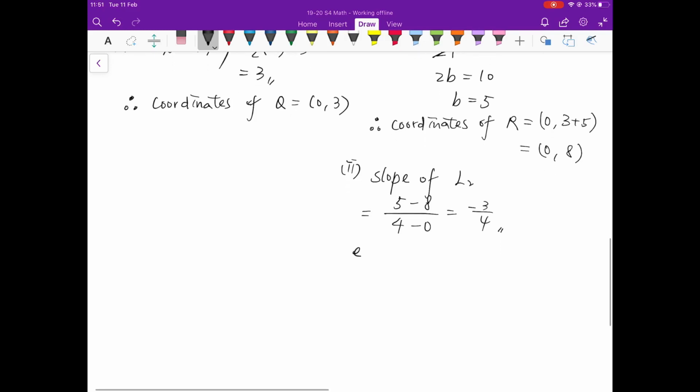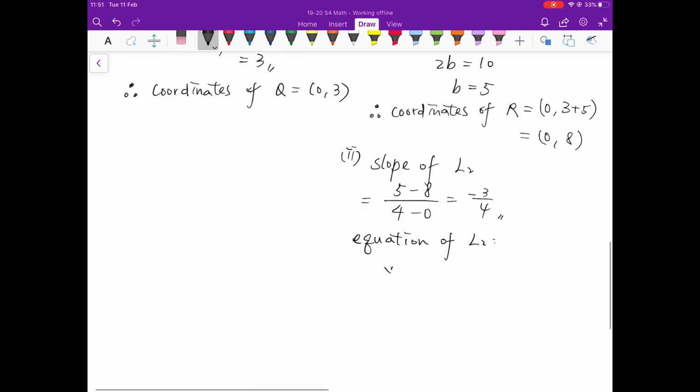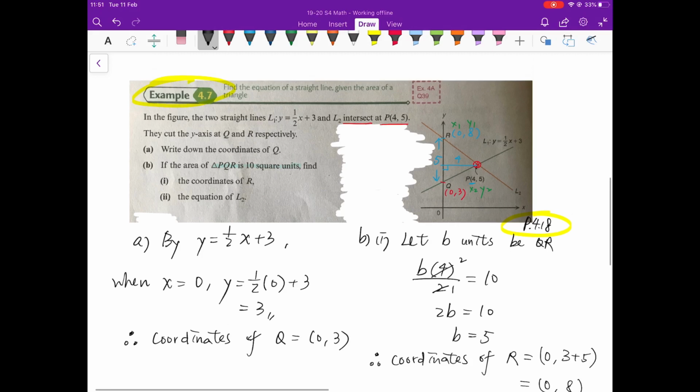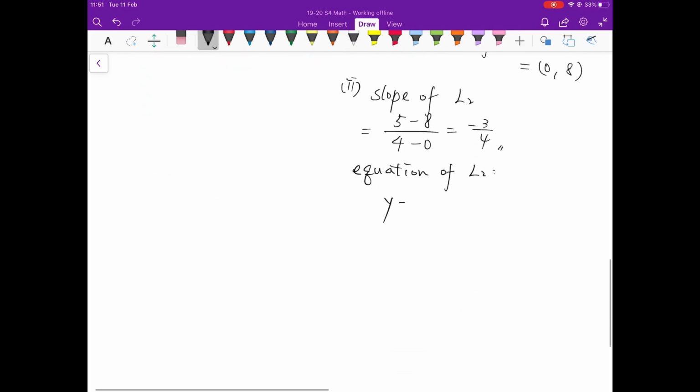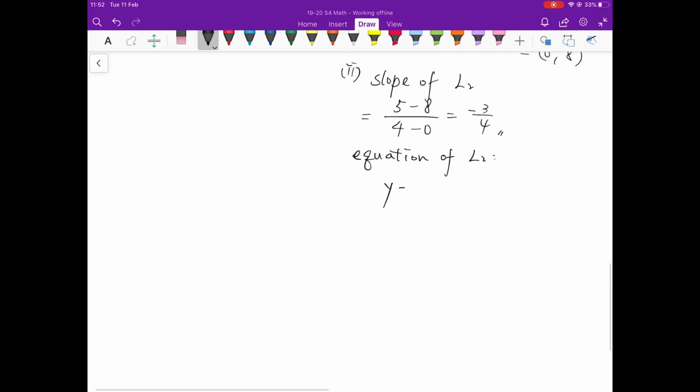Afterwards, we simply apply the equation of a straight line. So the equation of L2 is y minus y1. In the figures, we state that x1 and y1 are the coordinates of R, that means 0 and 8.